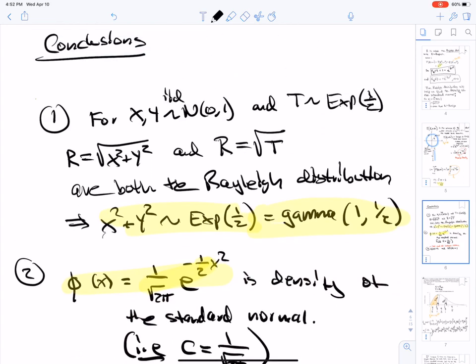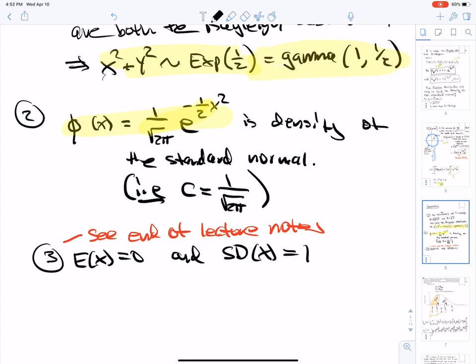X and Y, IID standard normal, T exponential 1/2. We've shown that the square root of X squared plus Y squared and the square root of T are both Rayleigh distributions. So in particular, X squared plus Y squared is a gamma. Interesting. Furthermore, we have now established the density of the standard normal.